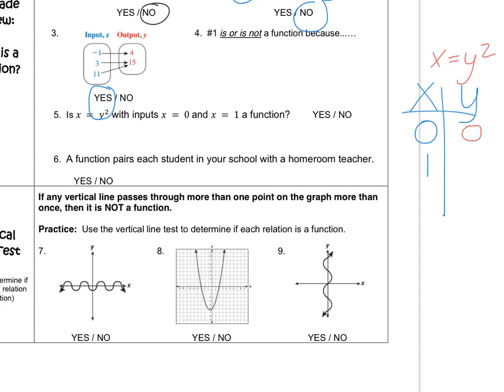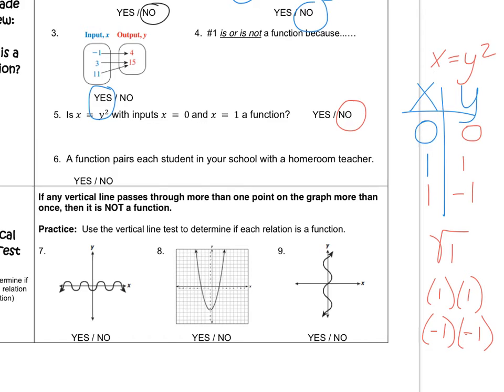But if I take the square root of 1, the answer to that is either 1 times 1 or negative 1 times negative 1. Either one of those will give me the answer of 1. So I've got 1, and also with 1, I've got negative 1. So my x input of 1 can give me 2 different outputs. So no, this guy is not a function.